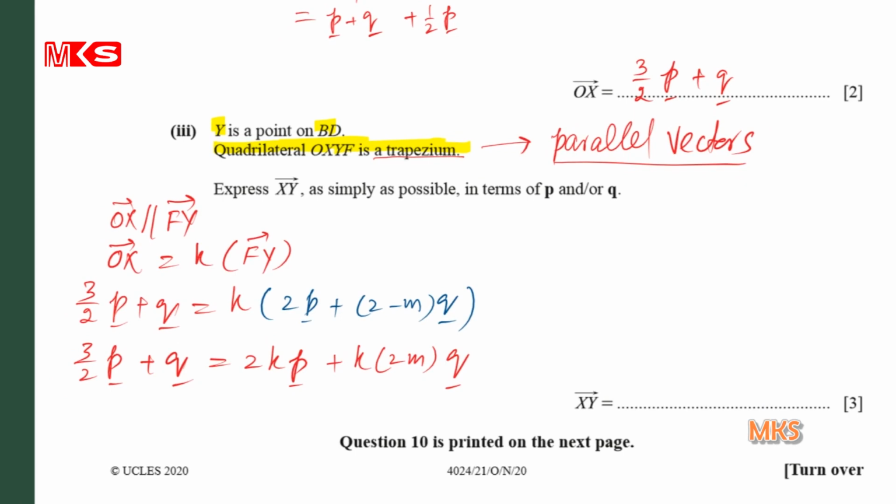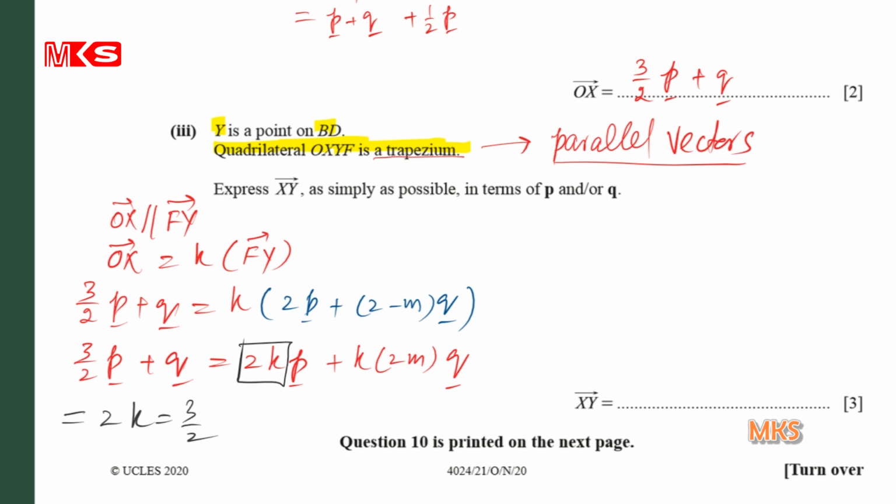If they are equal vectors, then the first term should be equal to first term, means the p term should be equal to p term. We can deduce from this 2k is equal to 3 over 2.